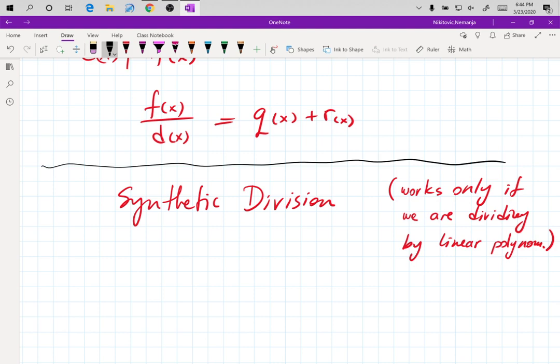Just browsing through, there we go. Whatever, number 20. So we need to divide 5x squared minus 12x minus 8 by x plus 3. So that's what we are supposed to divide.